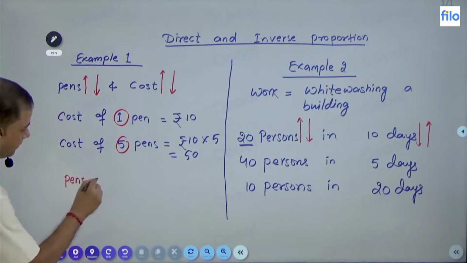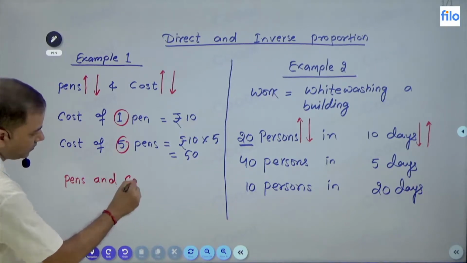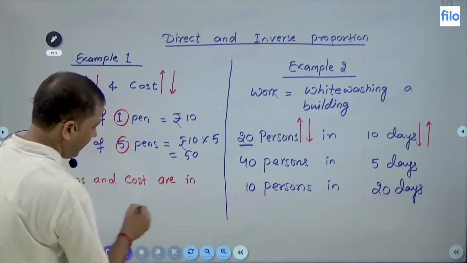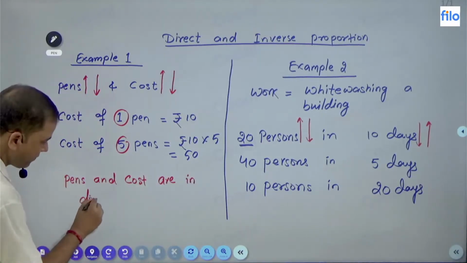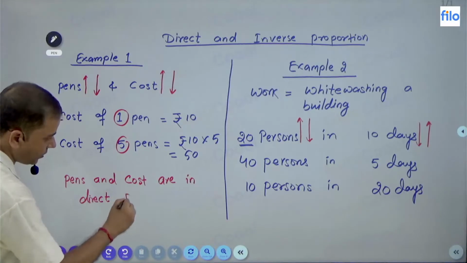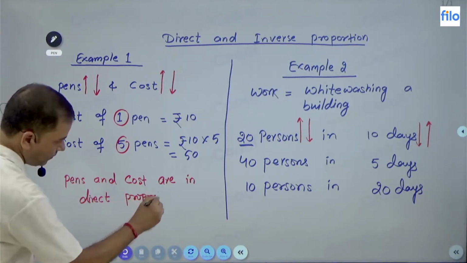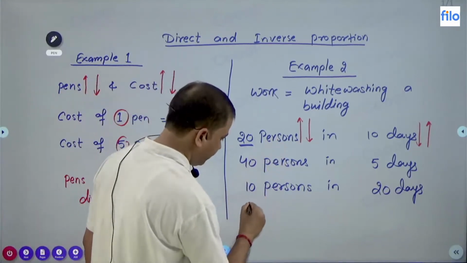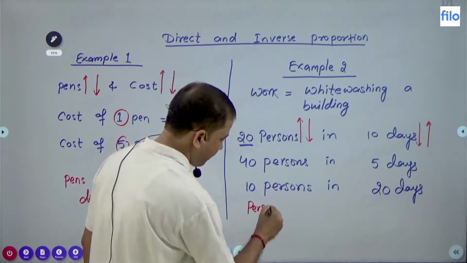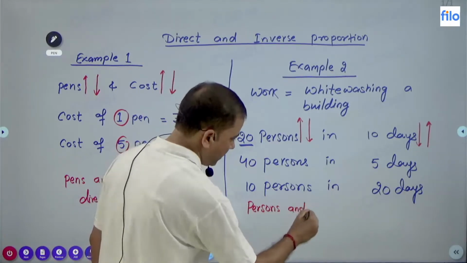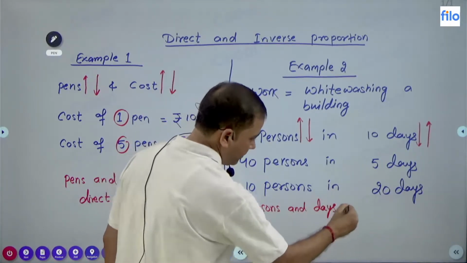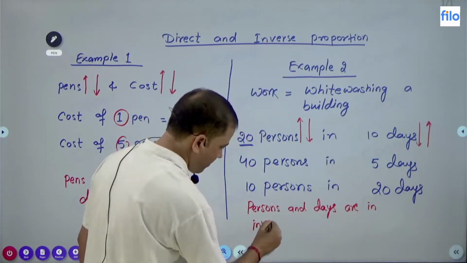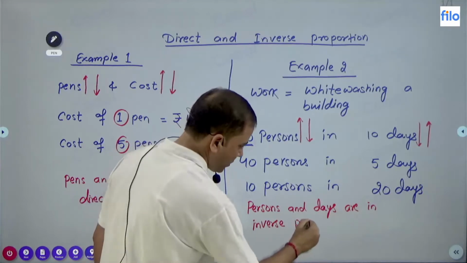Pens and cost are in direct proportion. But here, persons and days are in inverse proportion.